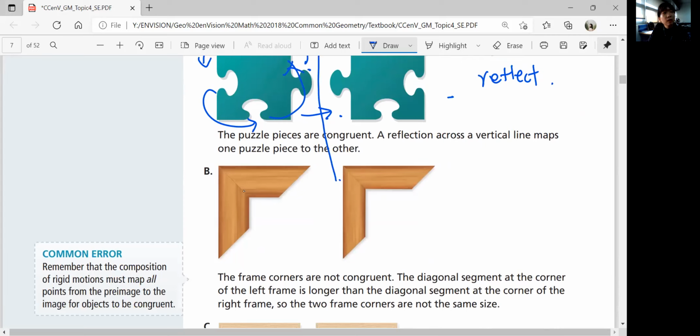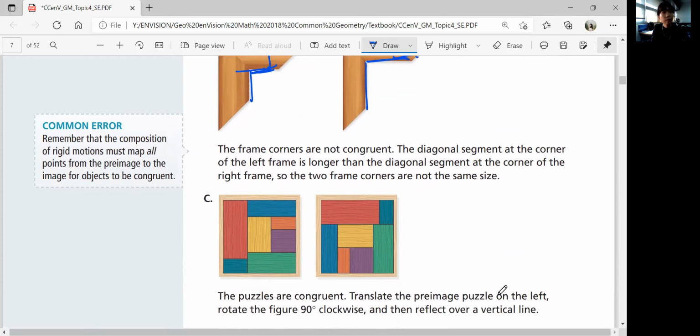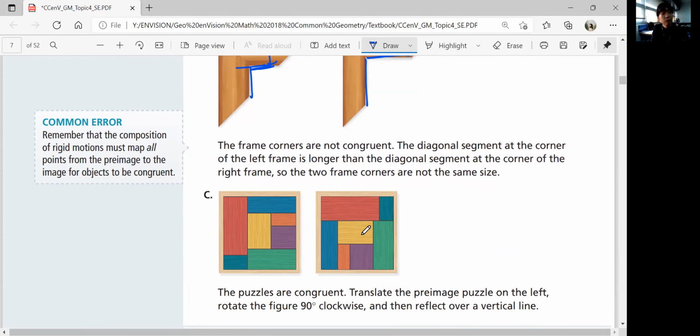So they're congruent. Part B, are they congruent? Just by looking at that, the thickness is not the same, right? So the corresponding sides are not equal to each other. The frame corners are not congruent. Okay. Part C, are they congruent? Can we rotate them and figure out if they're congruent or not? Or can we reflect them?